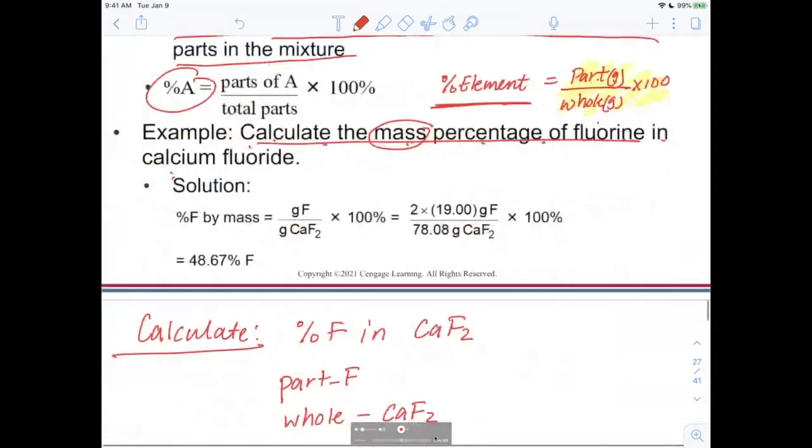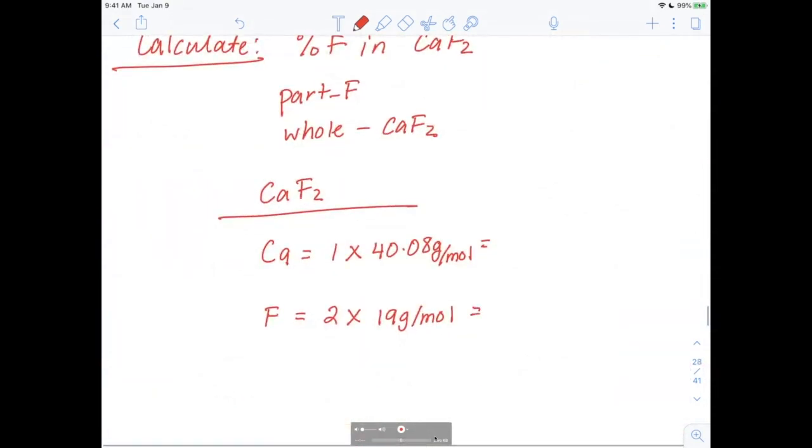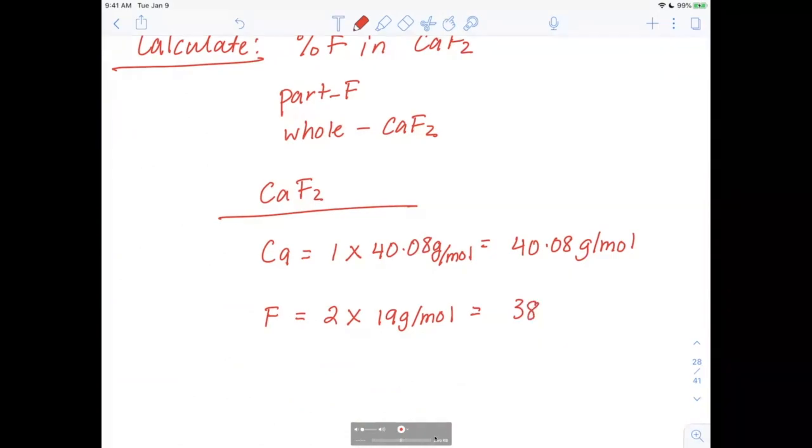They didn't give us a mass. Okay, we'll do that. 40.08 grams per mole. Over here we have 2 times 19, 38.00 grams per mole, sticking with the same decimal places.